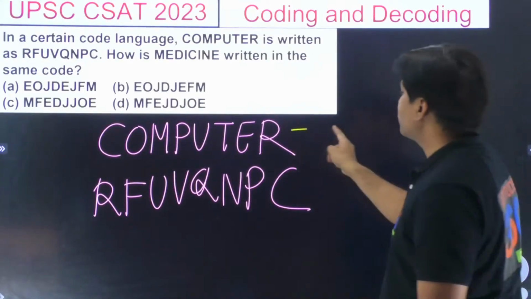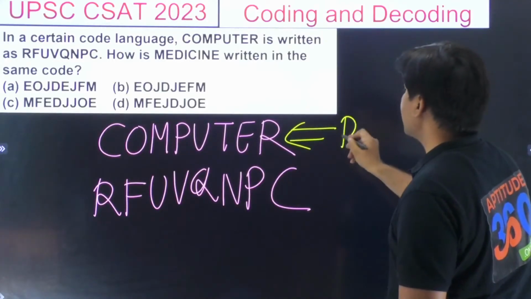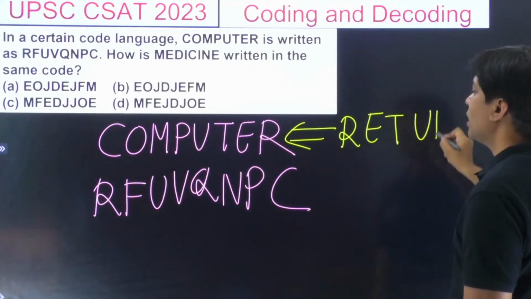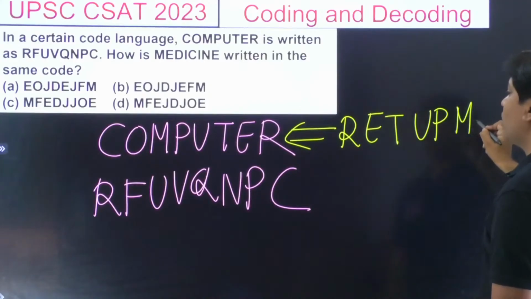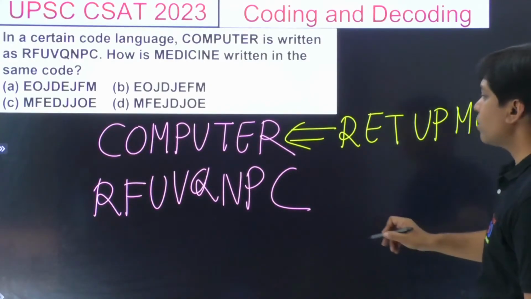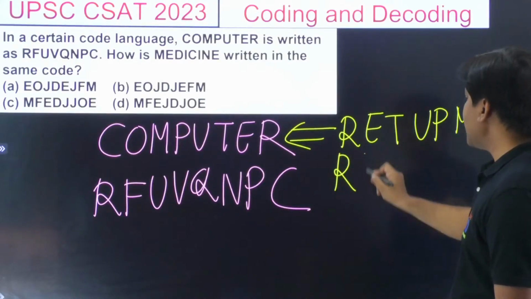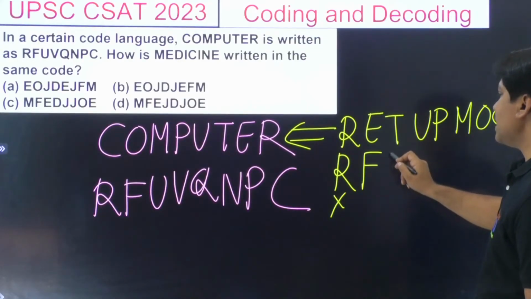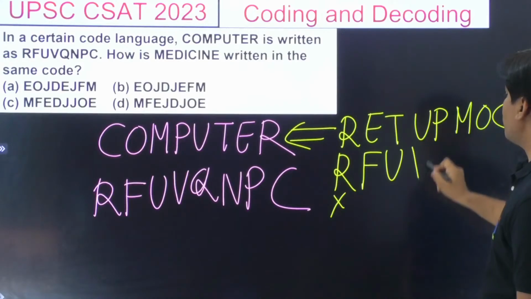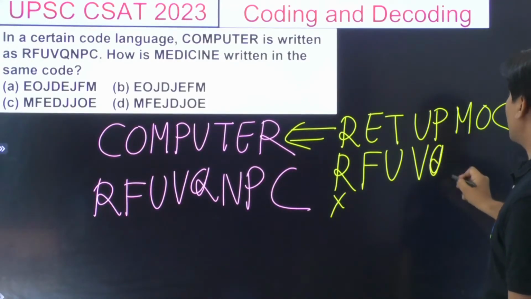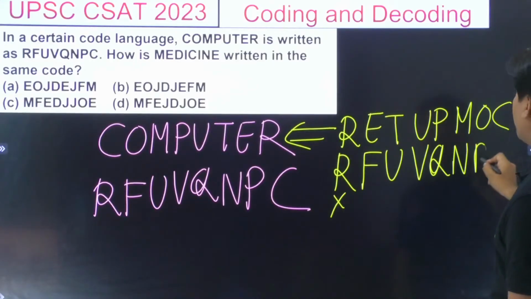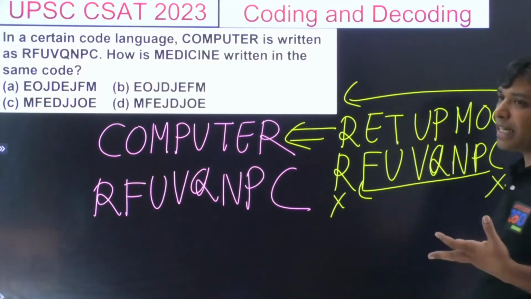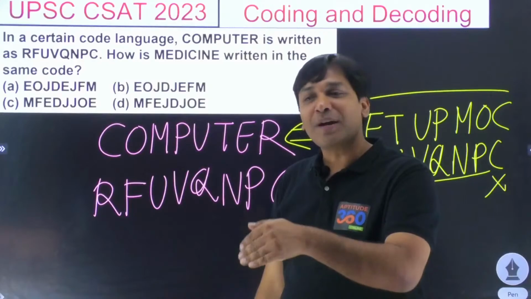So what is happening out here? It is R E T U M O C. So इसने तो R को R ही बोल दिया. E F, so this does not change, the first one does not change, and then T U V M P Q M N O P and then C. So what is that they have done? They reversed it, but they did not change the first and the last. जो बीच वाले ना उनको चेंज कर दिया इसने.